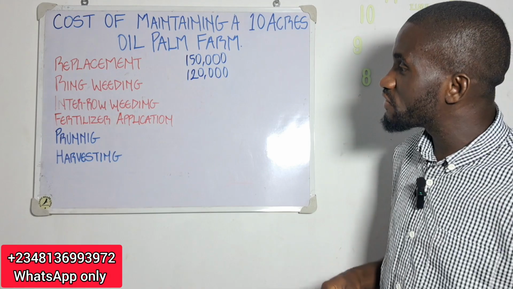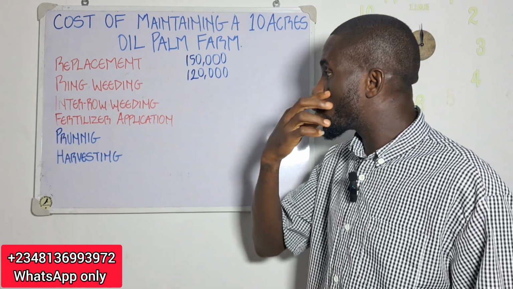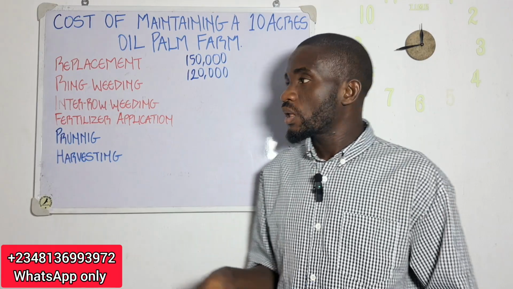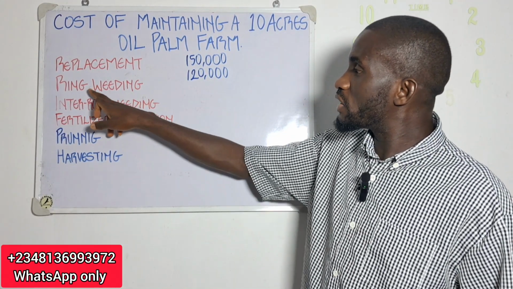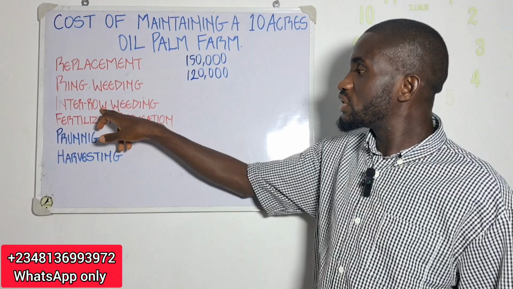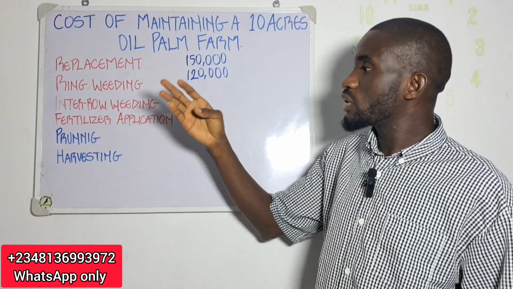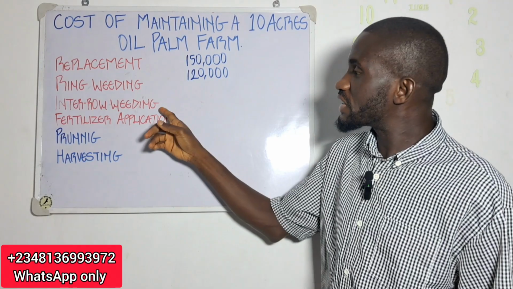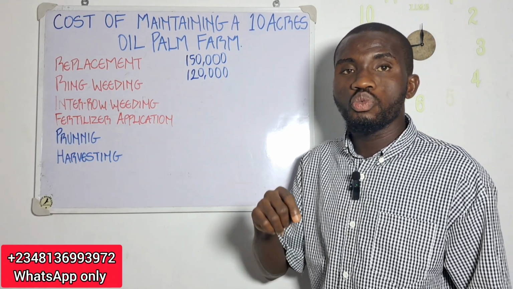Then the chief of it, which is the inter-row weeding, which means the overall weeding of the farm. Ring weeding is usually done with hand and hoe. Inter-row weeding can be done with chemicals, or with hand slashing. But if you are using hand slashing, it will cost you more.